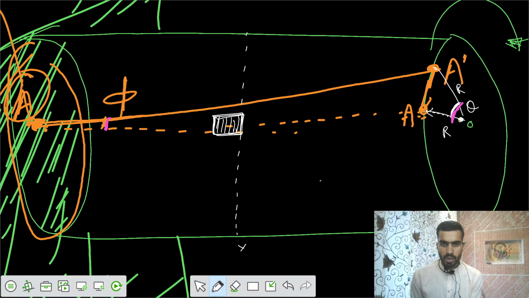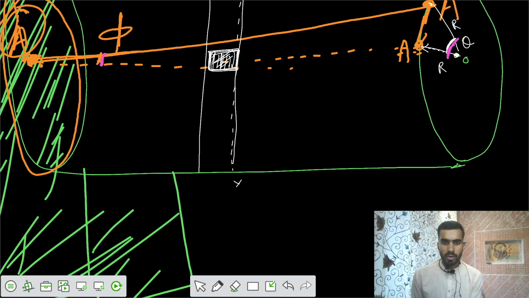You took the rectangular element between two cross sections. So this was before. Let's call its area alpha. So this was your alpha before.